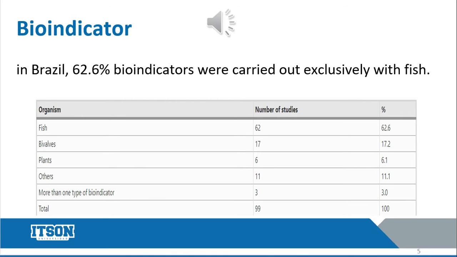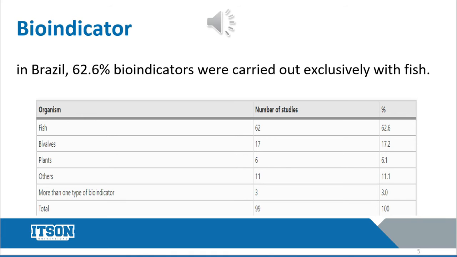For example, for fish, the number of studies is 62 and the percent is 62.6%. For the bivalves, the number of studies is 17 and the percent is 70.2. For the plants, the number of studies is 6 and the percent is 6.1. For other organisms, the number of studies is 11 and the percent is 11.1.